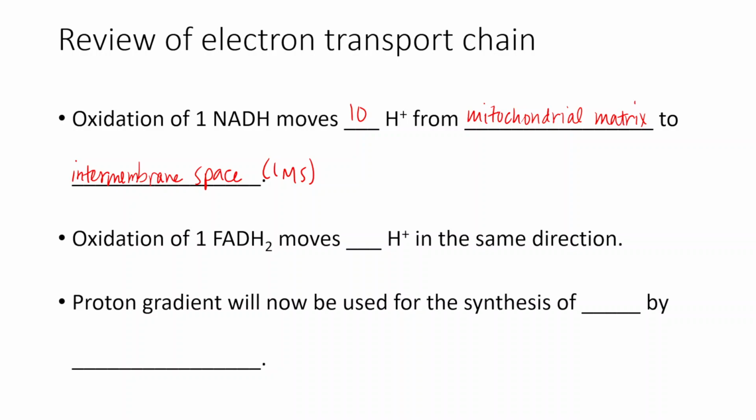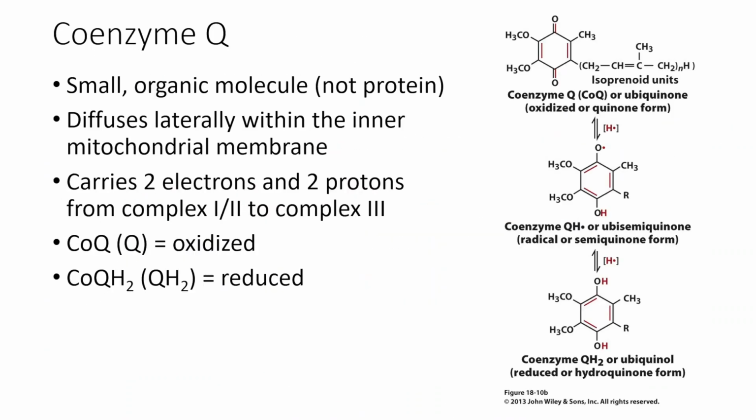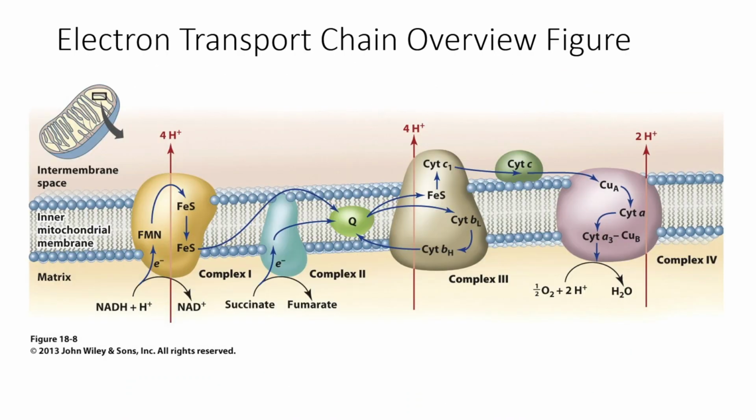Really quick, can you explain where the 10 comes from? Yeah, so let's actually look at the picture that illustrates it. Each of the complexes generates a particular number of protons. NADH starts with complex 1.